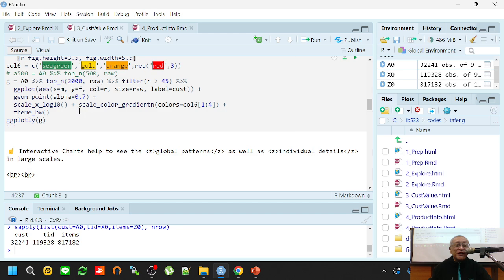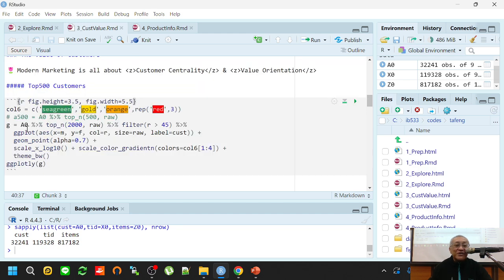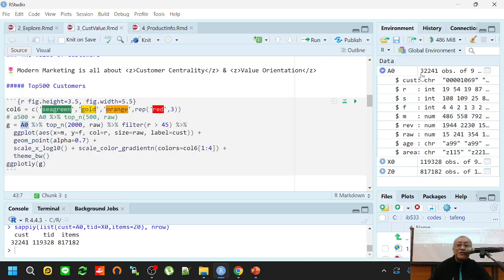Now in this aspect, in this A0, we already have this many data records, and every record represents an individual customer. This row is the raw profit.